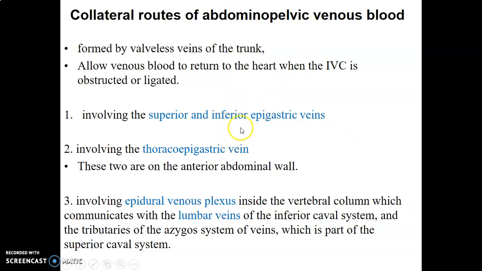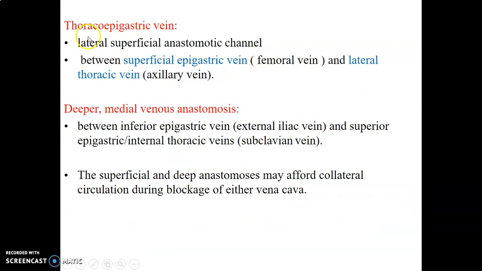So the thoracoepigastric vein is a lateral superficial anastomotic channel. It's a superficial channel between the superficial epigastric, from the femoral vein, which will end up in the external iliac vein, common iliac vein, to the inferior vena cava. But there's also the lateral thoracic from the axillary vein.